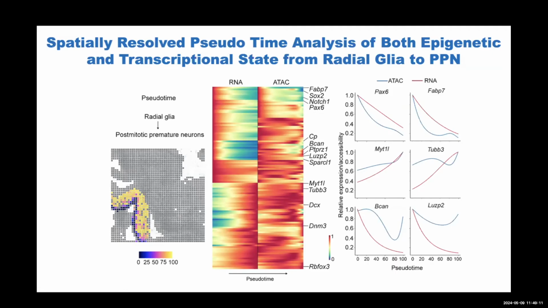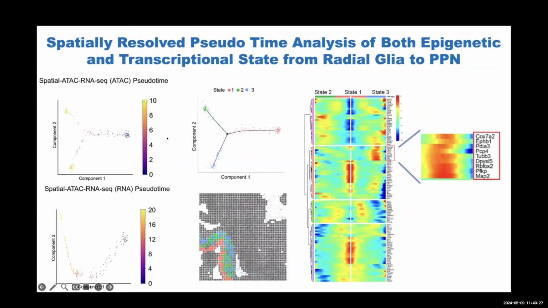So that cannot be resolved by just one modality. Only if you have both can you see that actually there are two different epigenetic cell states that may still maintain the epigenetic potential to become oligodendrocytes. So you can perform this sort of pseudotime analysis based on epigenome or based on transcriptome.